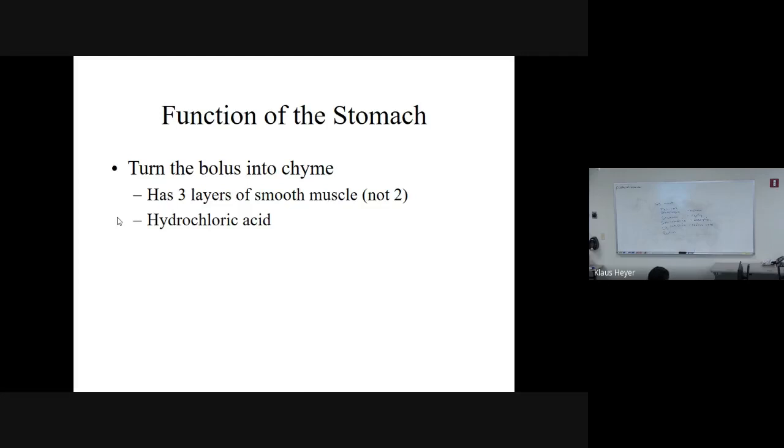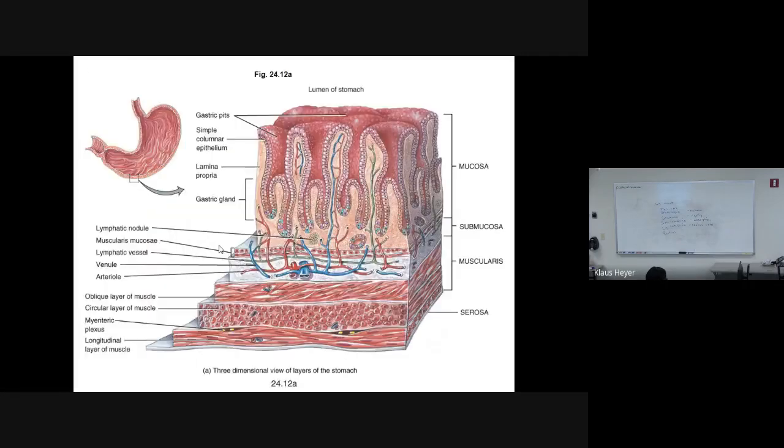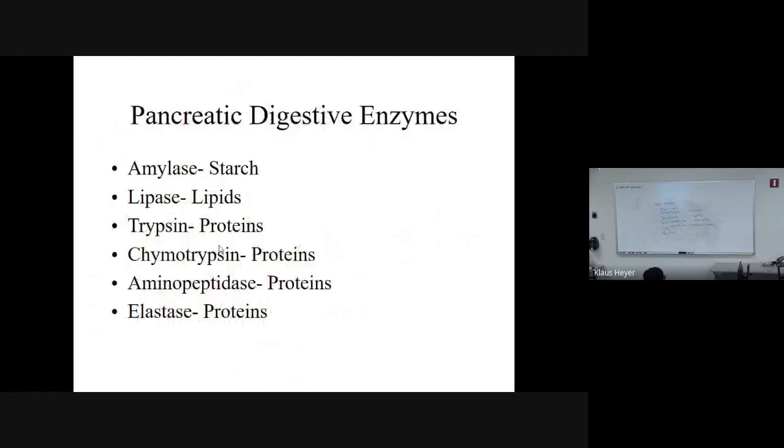Question number 4 is your enzymes. I'm not going to do all 10, I'll pick some. So I might say, list the enzymes that deal with proteins and say where they're made.